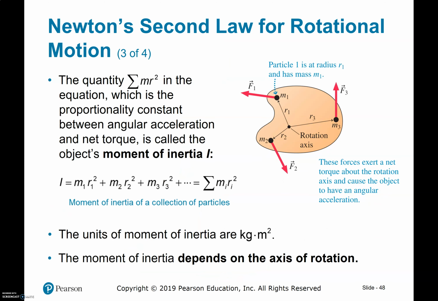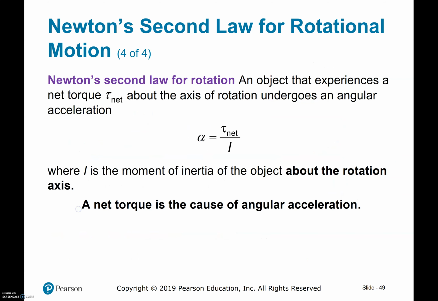And so the moment of inertia is a quantity that opposes rotation in a way. It tells you how difficult it's going to be to rotate something. It depends on the axis of rotation. The moment of inertia, if I want to rotate about this point, is different than if I want to rotate about this axis.